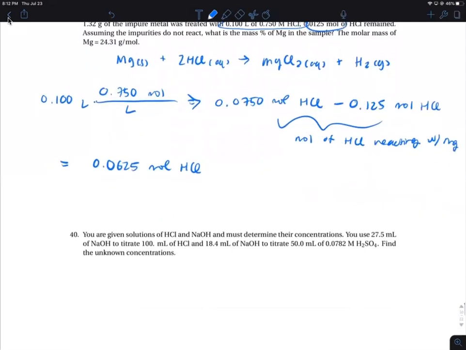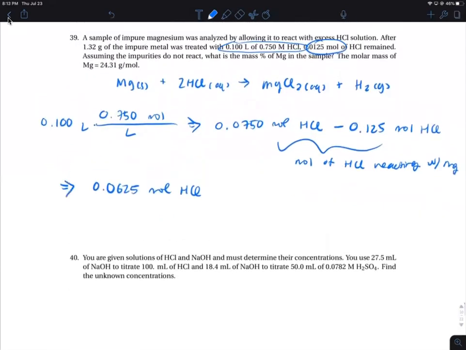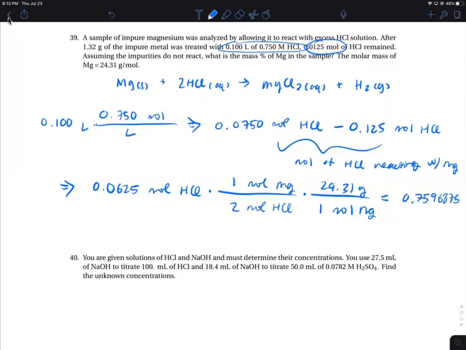Okay, so then from here we can go ahead and use our molar ratios. So 1 mole of Mg is 2 moles HCl. And we can convert into grams of Mg by using the molar mass, 24.31 grams. And that's going to give us 0.75986875 grams Mg.